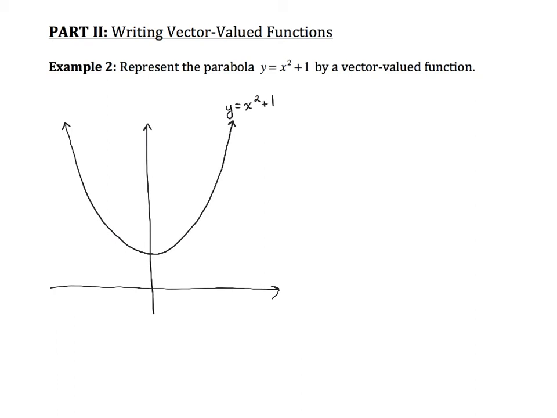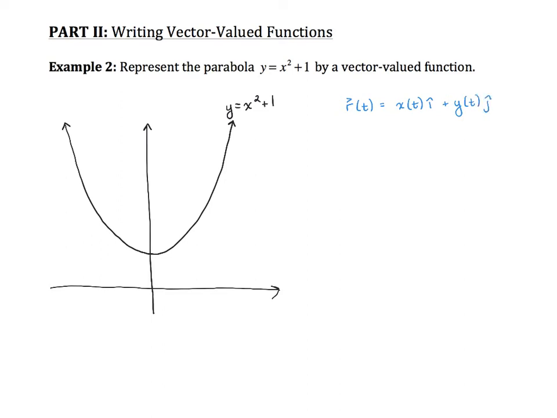All right, and so now finding a vector valued function basically involves writing out something of this form. Since it's a plane curve in 2 dimensions, we know that we just need 2 components. So in other words, x of t i hat and y of t j hat.